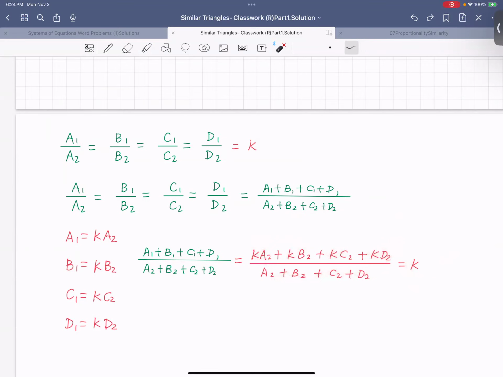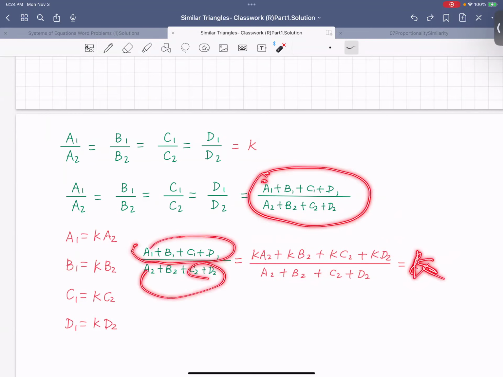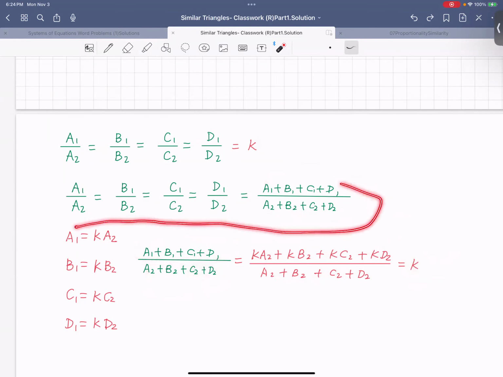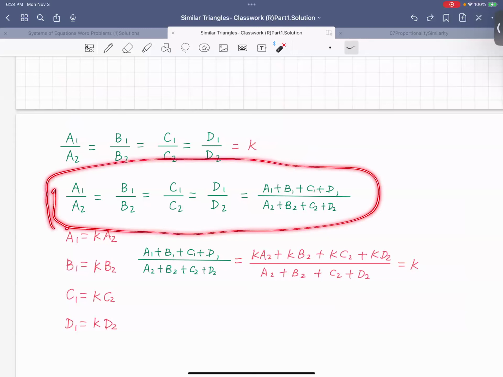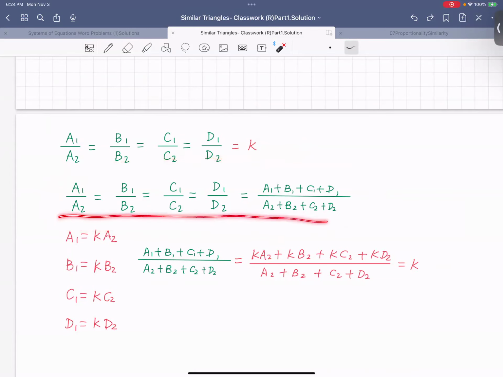Okay? This is true. That's why this is also true. Do you see? That divided by that equals K. So that's why this is true. I think this is also an interesting and useful property for this part. Can you please write down these notes?